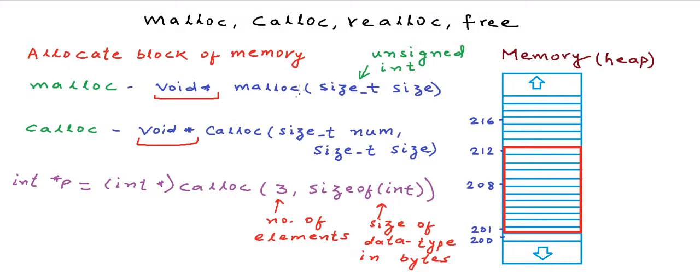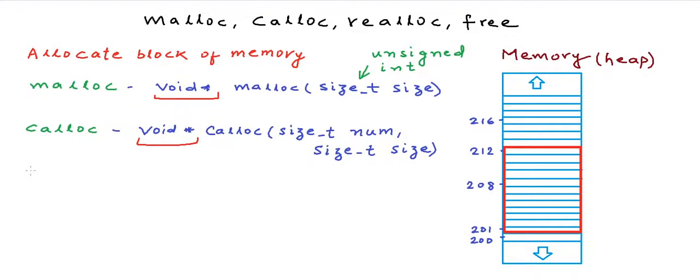When malloc allocates some amount of memory, it does not initialize the bytes with any value. So if you do not fill in any value into these addresses allocated by malloc, you would have some garbage there. But if you allocate memory through calloc, calloc sets all byte positions to value 0. So it also initializes the memory that it allocates to 0.